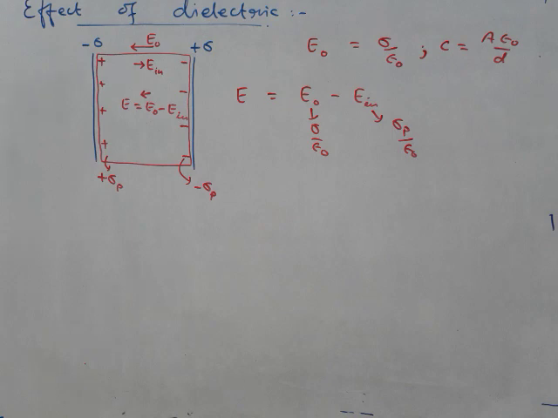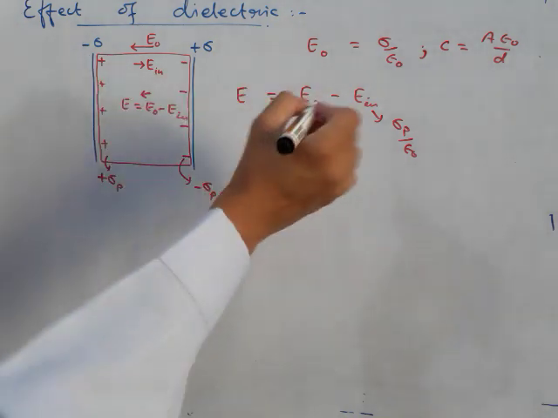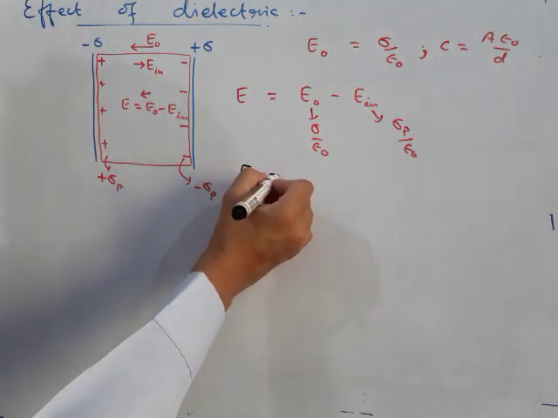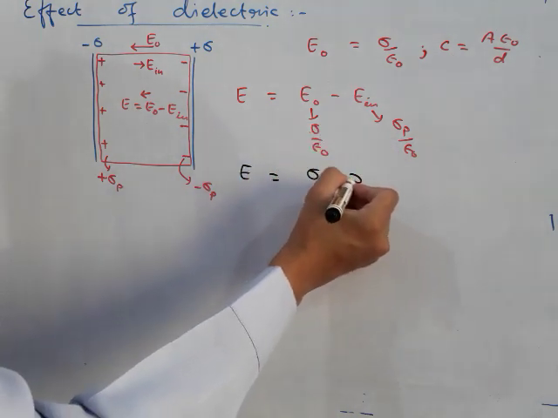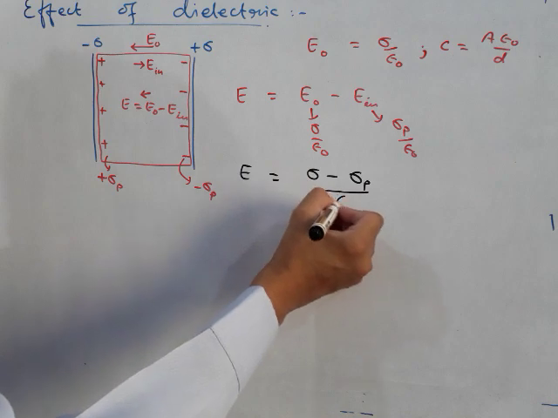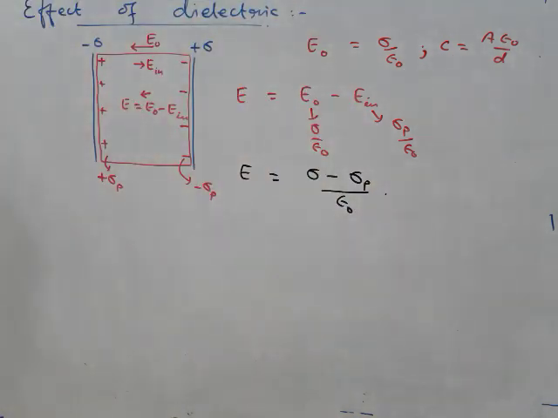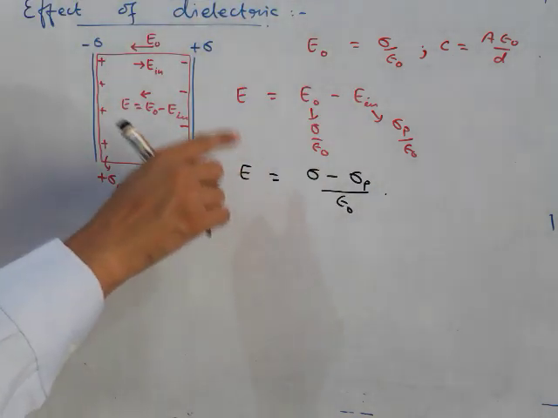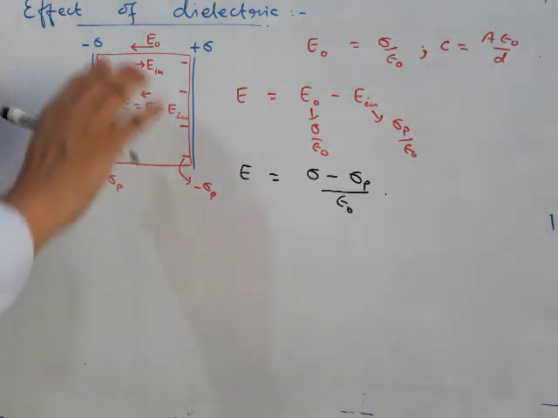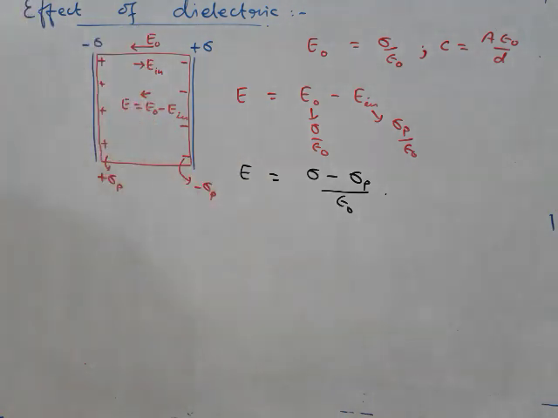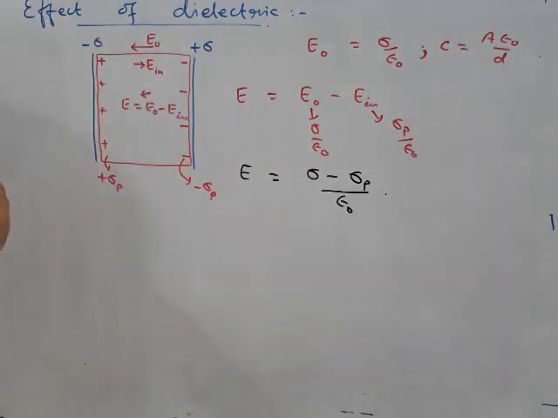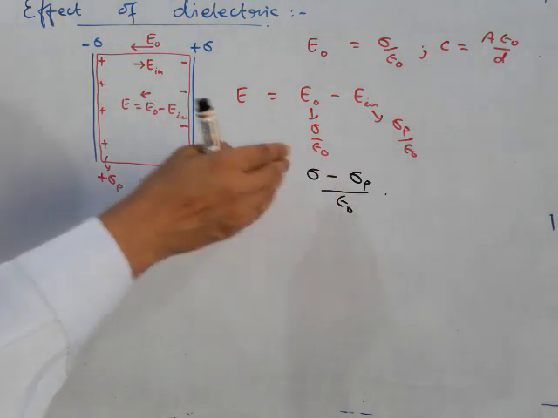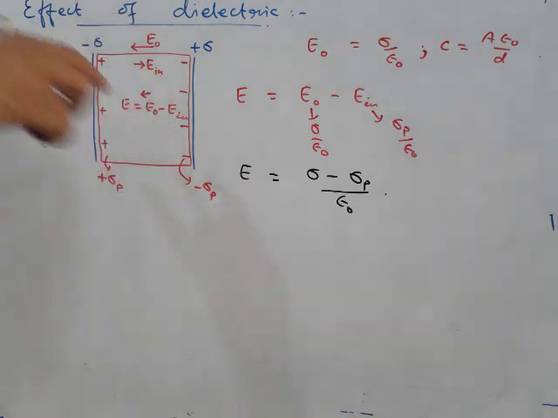This gives us the value of electric field E as sigma minus sigma p upon epsilon naught. Now this is the net electric field in case of dielectric inserted between the plates of the capacitor. Sigma is the free surface charge density on the plates of the capacitor, and sigma p is the surface charge density that arises due to the polarization in the dielectric.